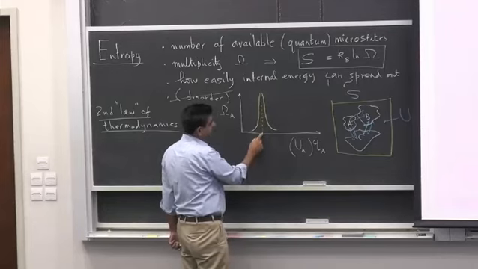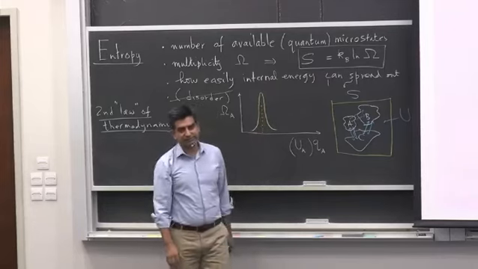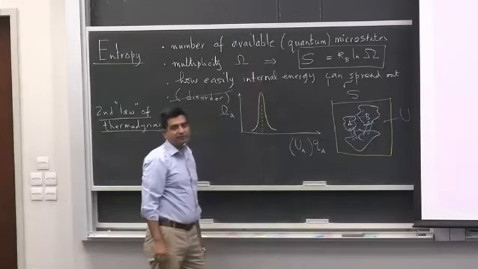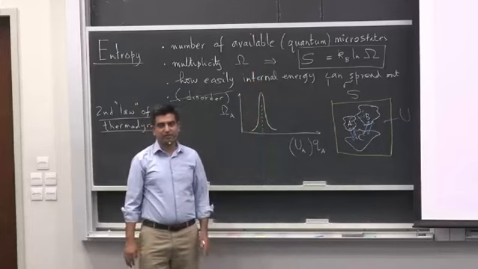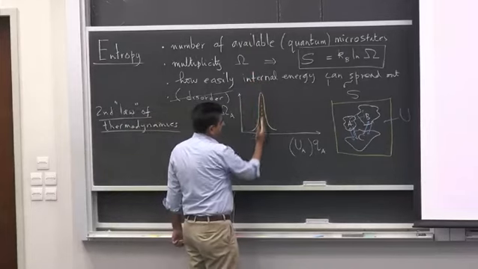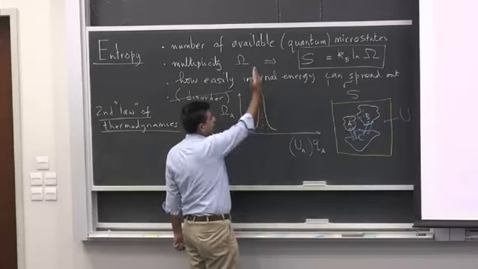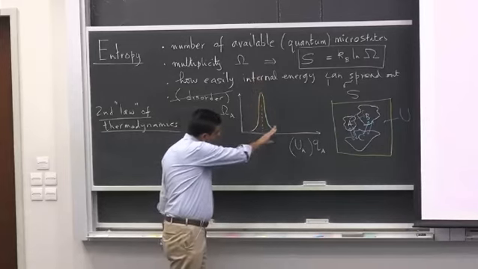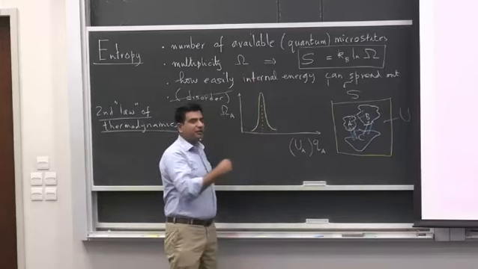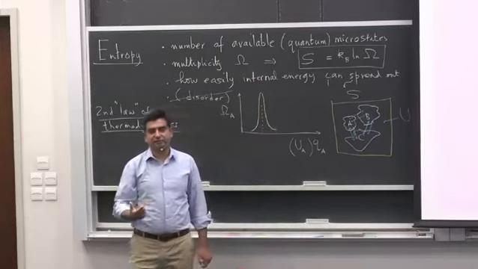So this is the most likely configuration of the system, because this number is so large, the peak is so big. This is what the second law of thermodynamics is. The most probable macrostate has such a huge probability compared to other macrostates that this turns out to be the only possible configuration.